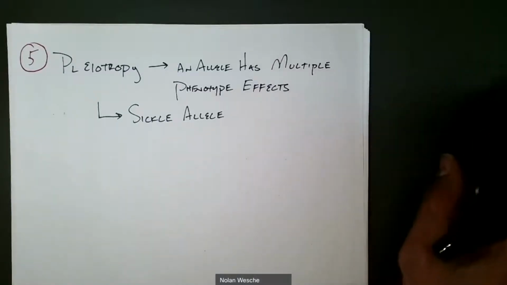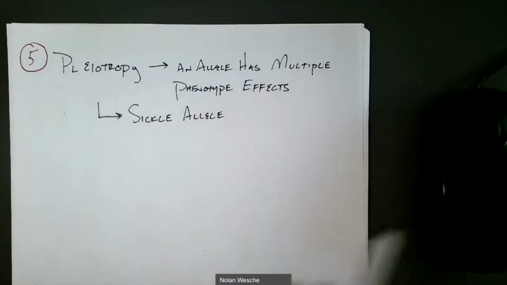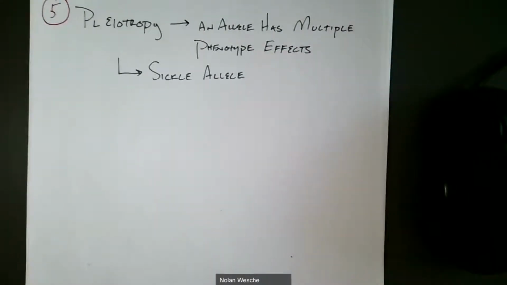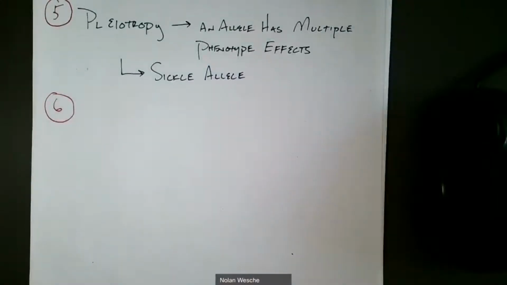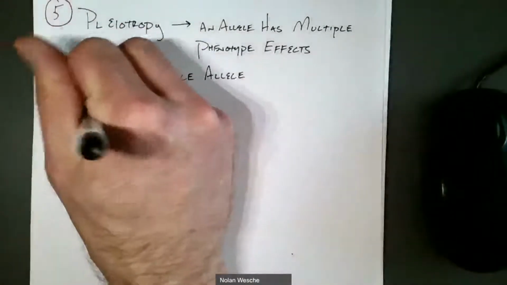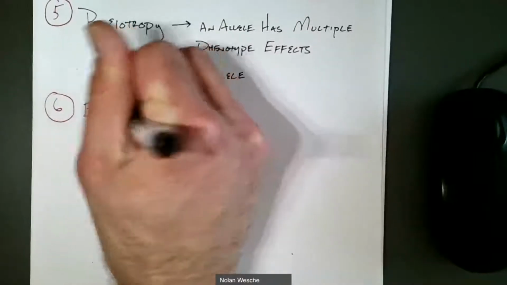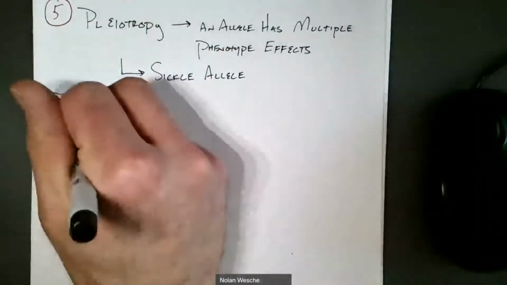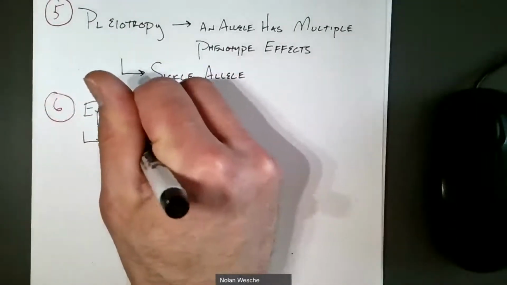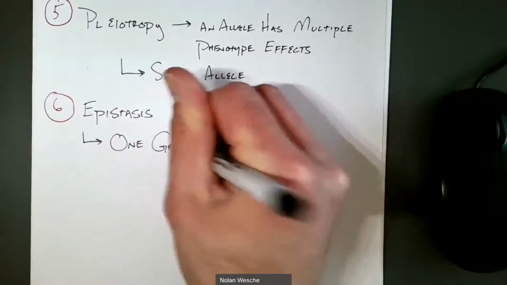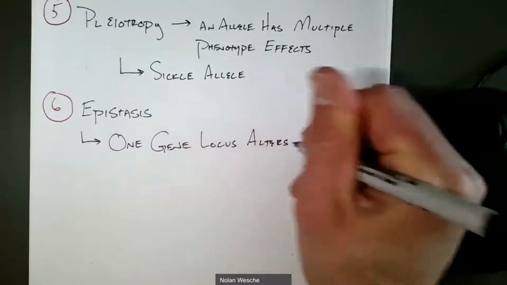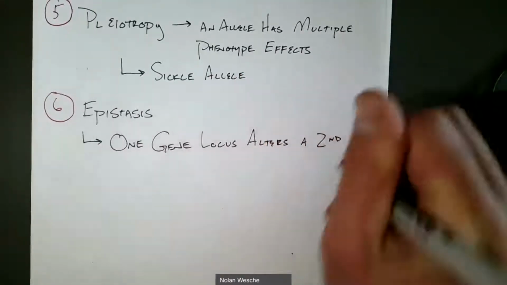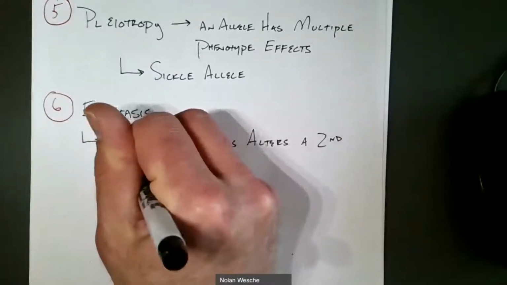Okay, so let's move on and talk about epistasis. So 6. So epistasis is where one gene locus or location alters or impacts a second gene locus or location.